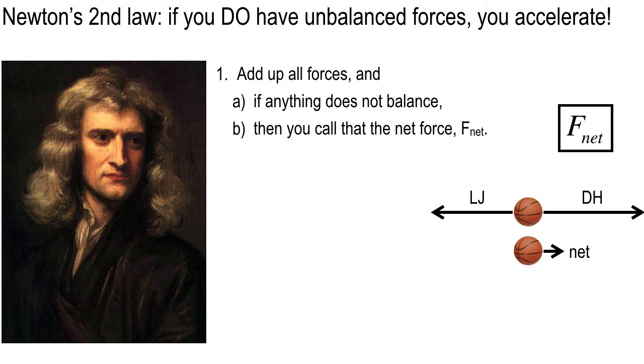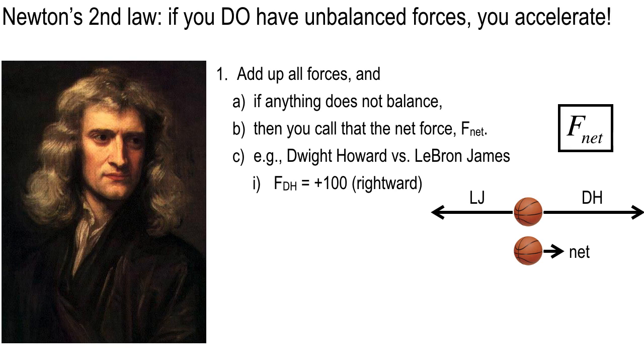F subscript net. So for instance, if you have Dwight Howard versus LeBron James pulling on a basketball, let's say that Dwight Howard pulls to the right with 100 metric units of force, and that LeBron James, being a weenie, only pulls with 80.